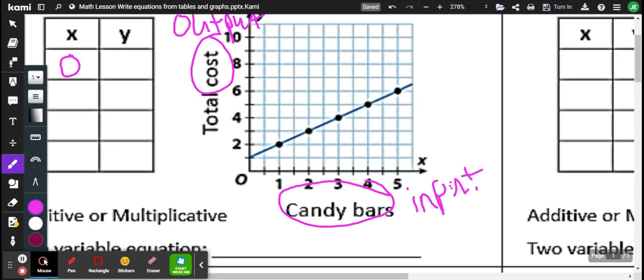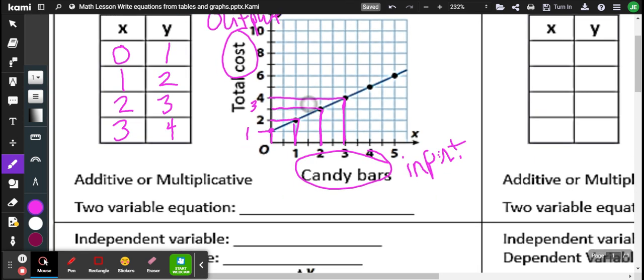Once you have the graph, it's best to start with x is 0, 1, 2, 3. So every time you have an x, we look at the output, and we go from 0 up to the line, and that's going to be 0, 1, 1, 2, 2, 3, and 3, 4.